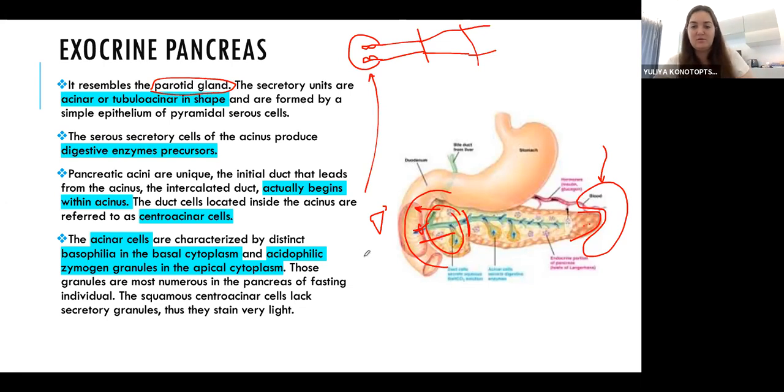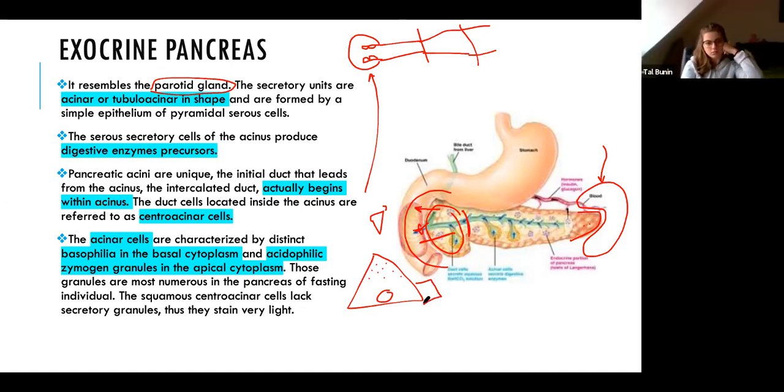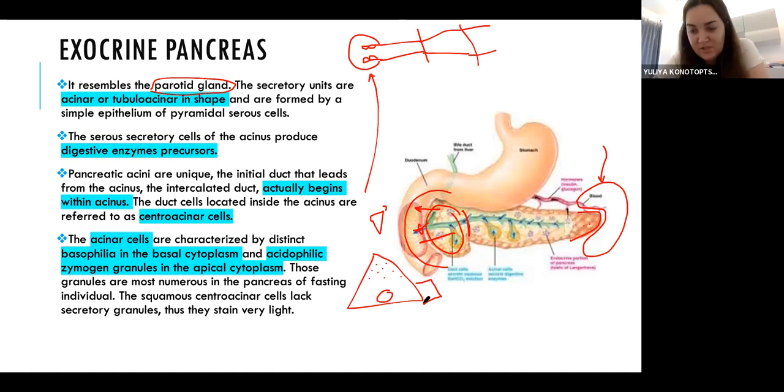Okay, so you remember, right, that triangular shape of the cells. Here is the nucleus. Here, a bunch of zymogens. As you remember, zymogens are the inactive enzymes or proteins. Because of the nucleus, how will this area be stained? Basophilic, right? Because hematoxylin has a positive charge, the nucleus has a negative charge, so they love each other.